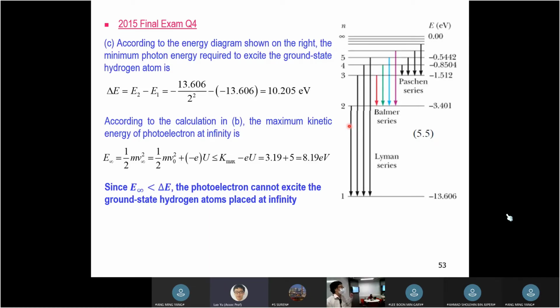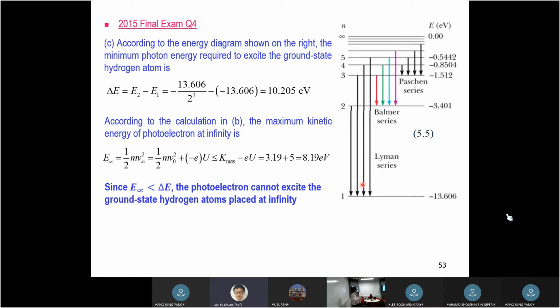So if you want your photon to excite the hydrogen atom, the photon's energy must exactly match the energy difference. If it's larger than the energy difference, not exactly matching, then it cannot be absorbed by the atom, and this hydrogen atom will still remain at the ground state.